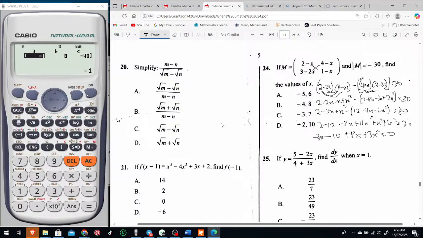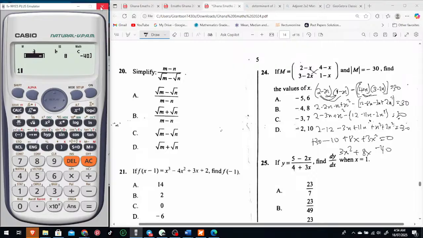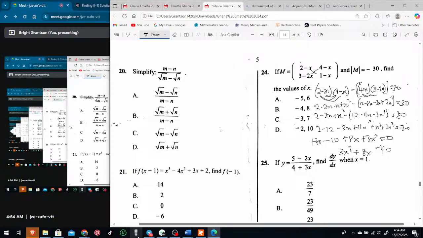So this becomes positive. My calculator too is busy. Thank you. That's why I'm struggling. My machine is too. My calculator. So what's the answer? That means this one will be 20. And one here will be 20.